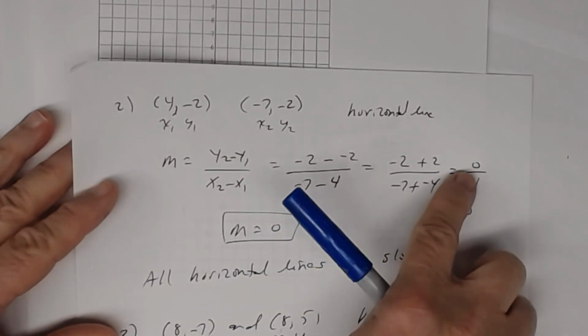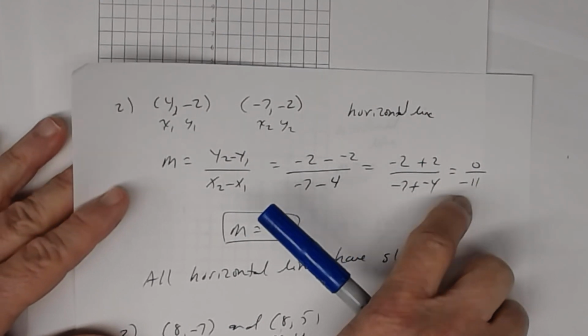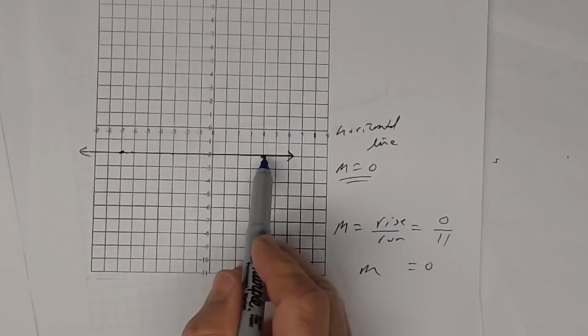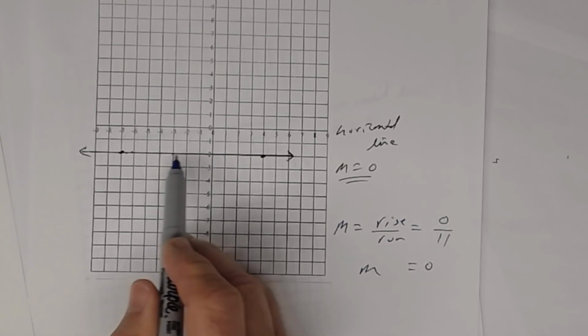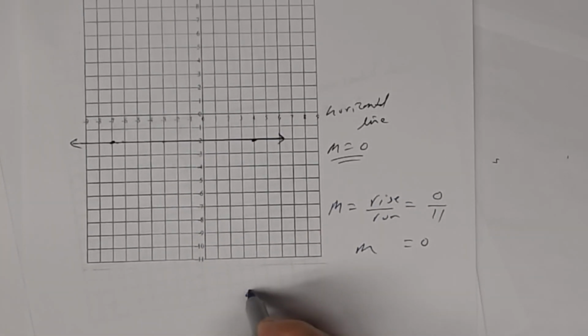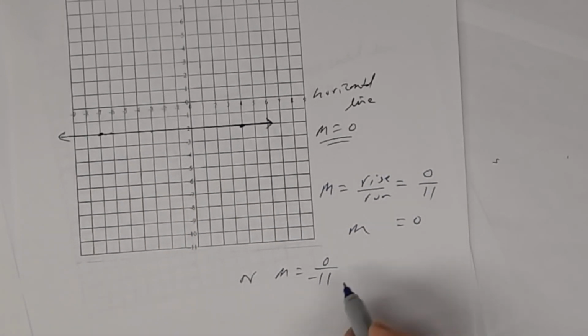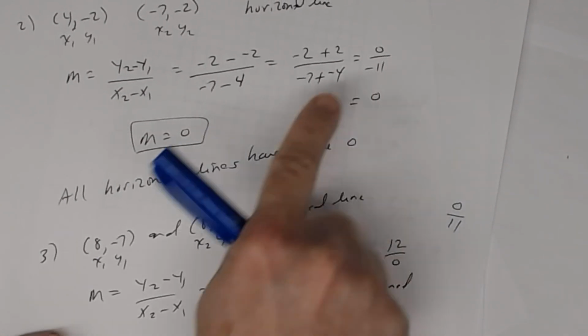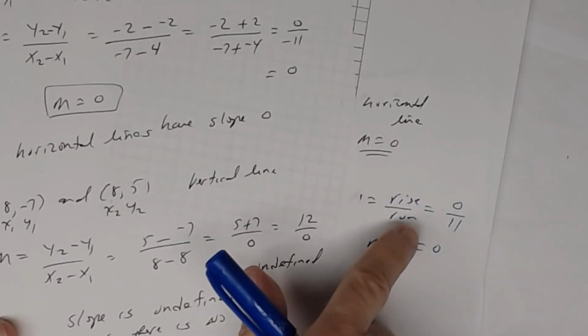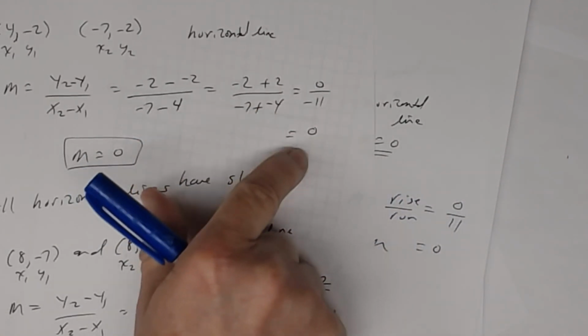When I look at the work, see the 0 over negative 11? Now it has negative 11 here. That means that you could have gone this way. Going this way to the left would have been negative 11. So you could have said our slope is 0 divided by negative 11. So that's why we had negative 11 here. But remember, 0 over 11 is 0. 0 over negative 11 is still 0.